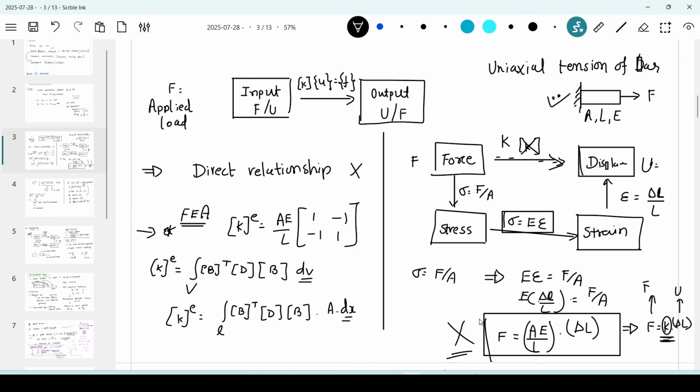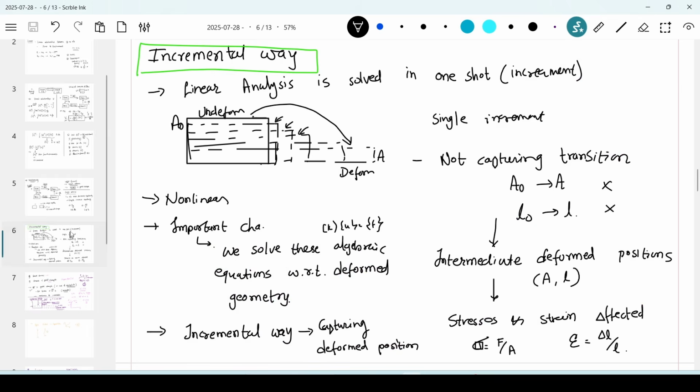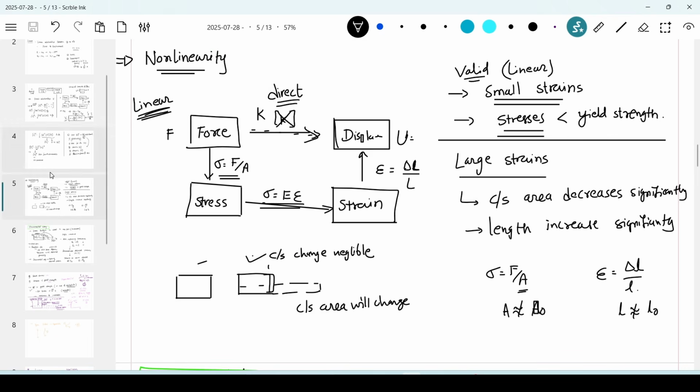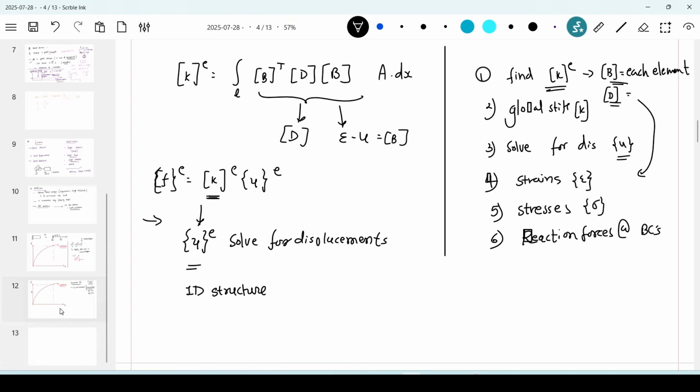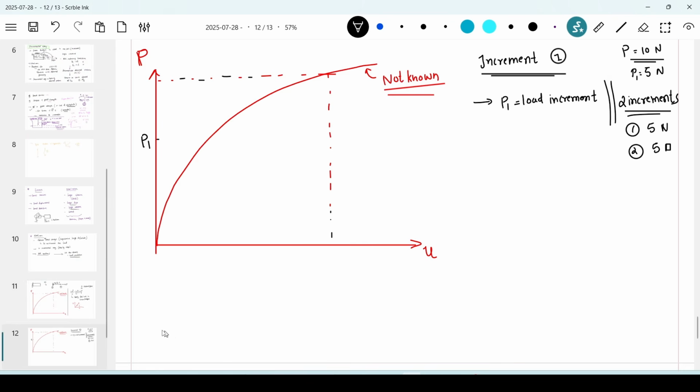In FEA, you don't find the stress first, right? We have discussed the steps of FEA. We find the stresses as derived quantities. The primary solution is displacement. Stress and strains are derived quantities. So just think about FEA now.